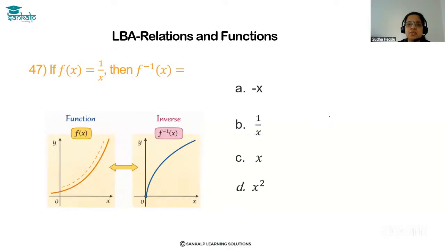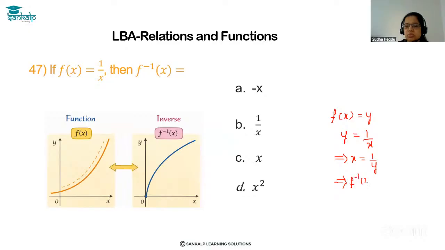F of x is given, you need to find f inverse x. What is the first step? F of x is equal to y. Correct? So y is equal to 1 by x. Implies x is equal to 1 by y.